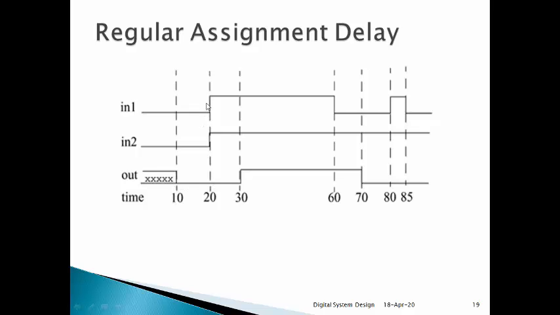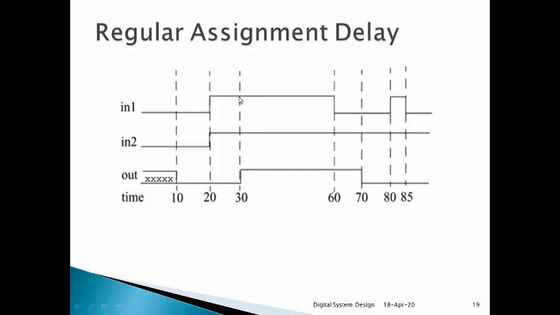At 20 time units, input 1 and input 2 are both 1, but the output is still equal to 0 because of this 10 time units delay, and this change in input is observed after 10 time units, at 30 time units.